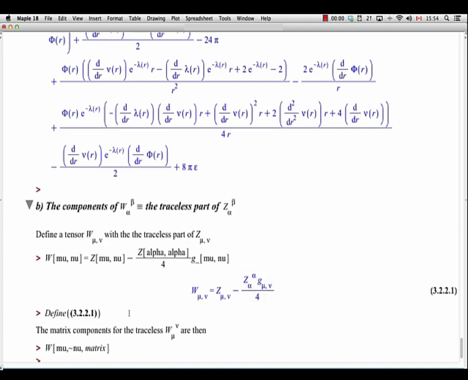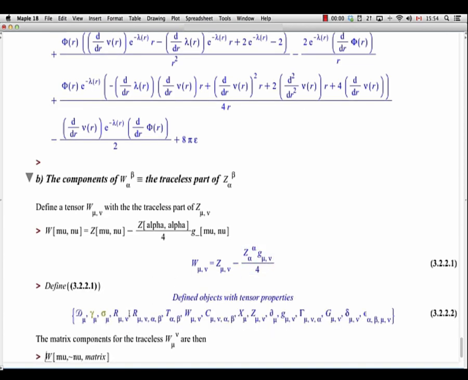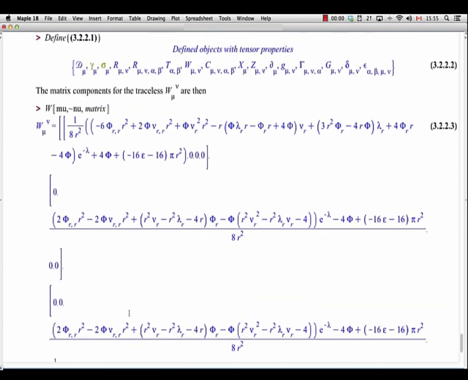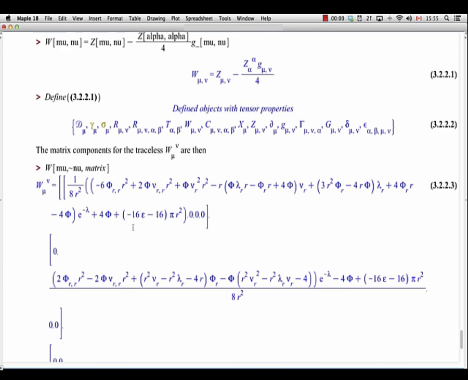So we define this to be that tensorial equation in terms of tensors that are defined in terms of tensors and so on. And then if we want the components, we just get all the components at once. It's very interesting how abstract this computation is and how rapidly it proceeds nowadays.